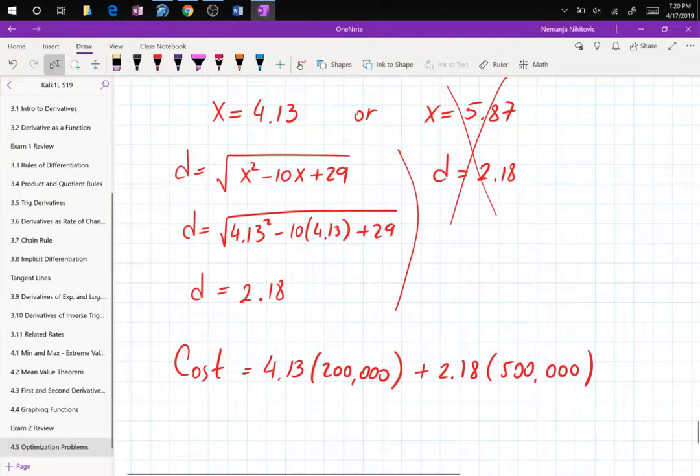So 4.13 times 2, 3, 4, 5, plus 2.18 times, and we get 1,916,000.